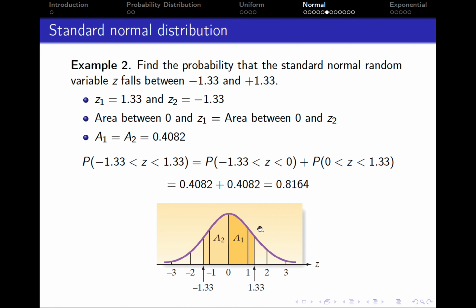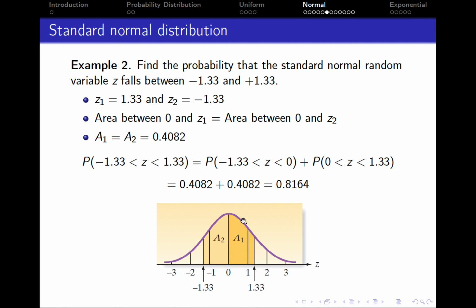The most important aspect of the normal distribution is that it is symmetric around the value of 0. So the values to the right of 0 are the same as the values to the left of 0. That means the area between 0 and 1.33 will be the same as the area between 0 and -1.33.